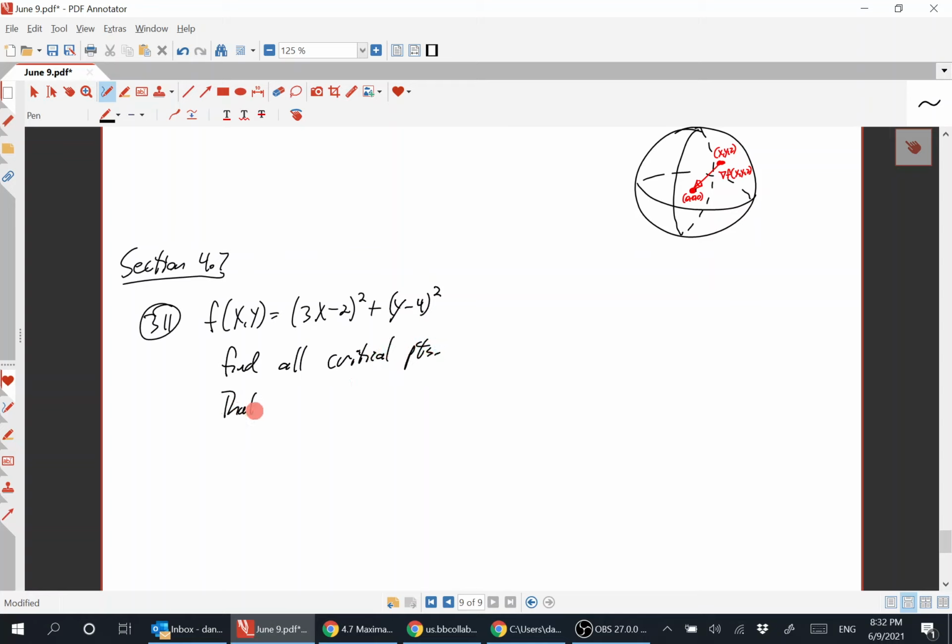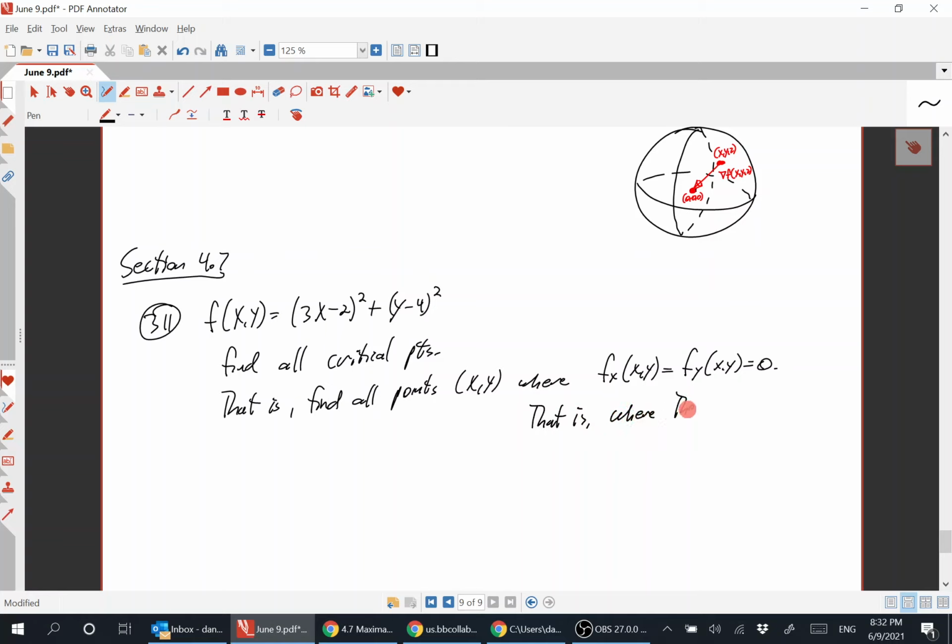Right, that is, find all points x, y where fx and fy, where both partial derivatives are 0. In other words, the tangent plane is horizontal. Right?